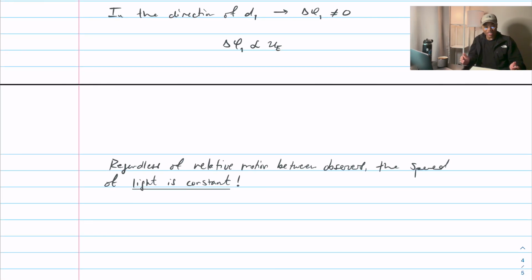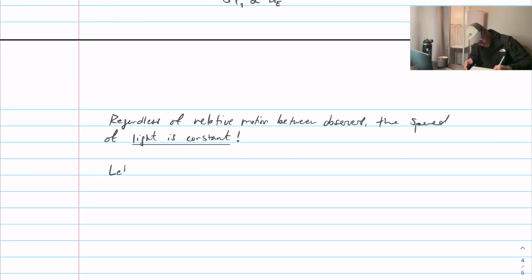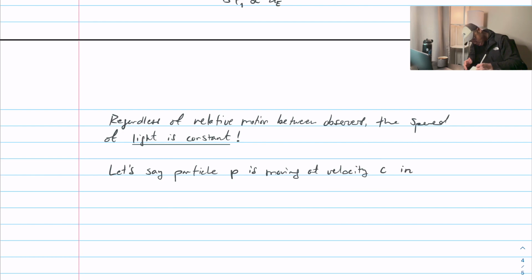Okay, so what that means is that if we were to use the classic Galilean Newtonian relative velocity equation, it would mean the following. Let's say particle P is moving at velocity C in a moving reference frame.